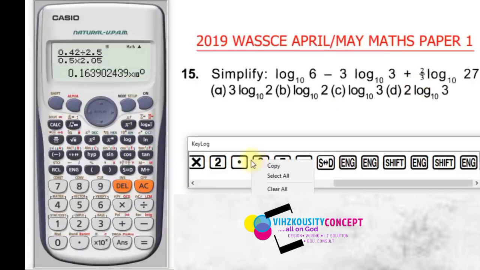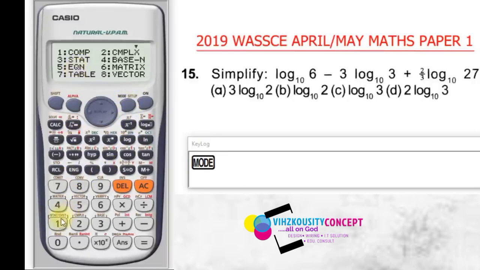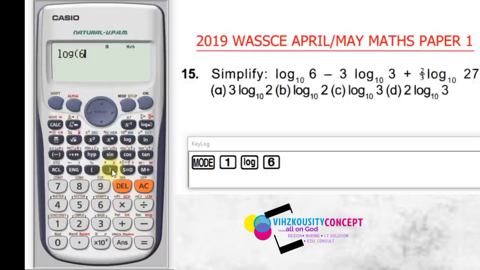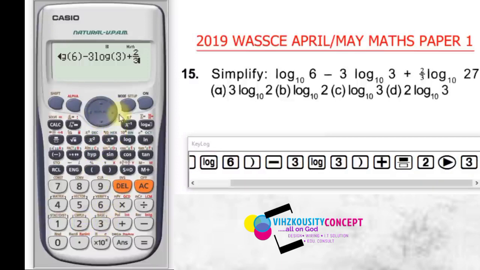I can clear my key log so that you can see what I'm going to be pressing, and I need to be in mode 1, which is the computer, that's mode 1, and then I can input this value, log 6, let me close that bracket, minus 3 log 3, okay, I can close that bracket again, then plus, here I have the fraction 2 as the numerator, 3 as the denominator, then log 27.